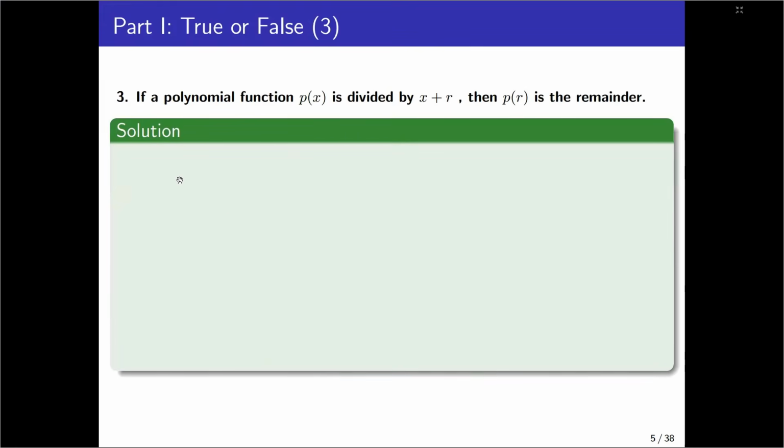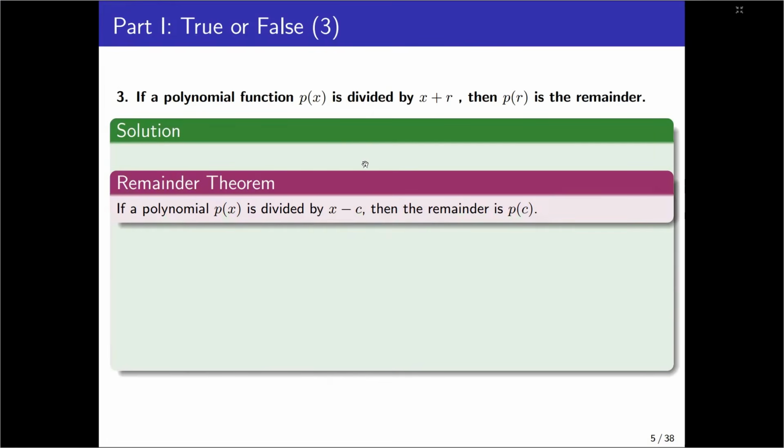Question number 3. If a polynomial function p of x is divided by x plus r, then p of r is the remainder. Remember the remainder theorem. The remainder theorem states that if a polynomial p of x is divided by x minus c, then the remainder is always p of c. But what we are given here is x plus r, and p of r.